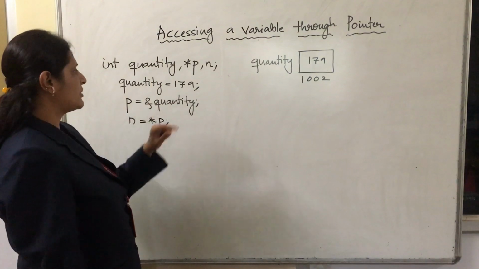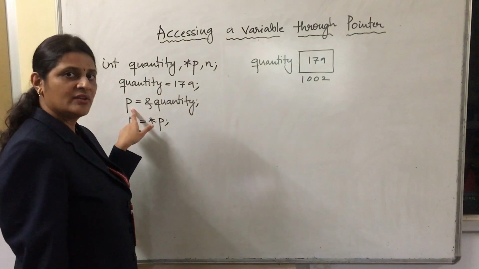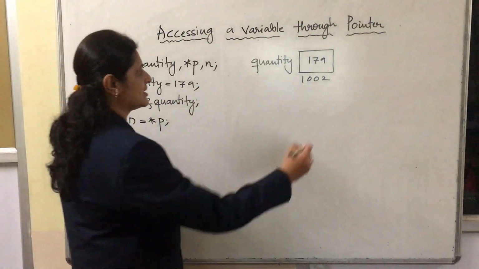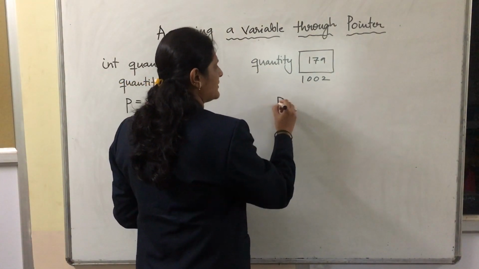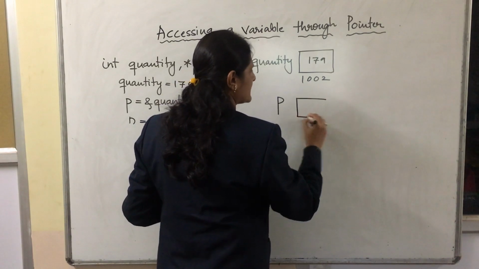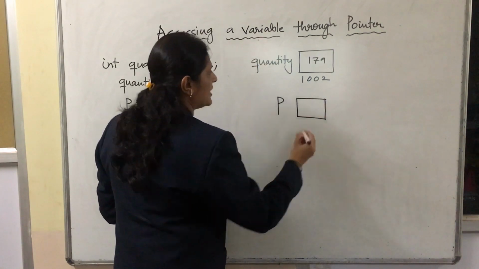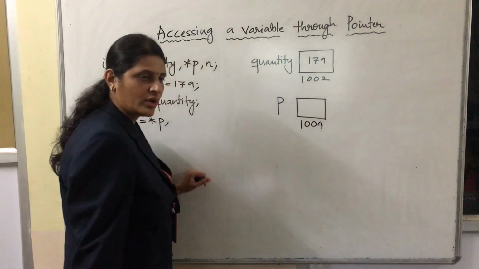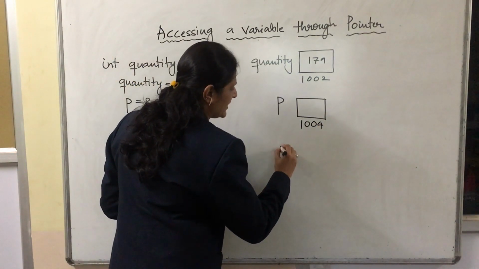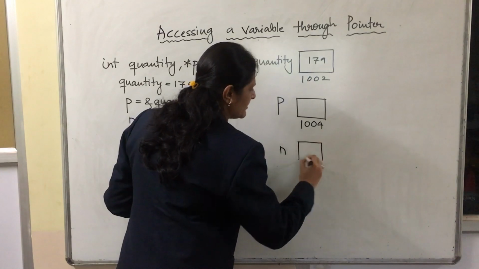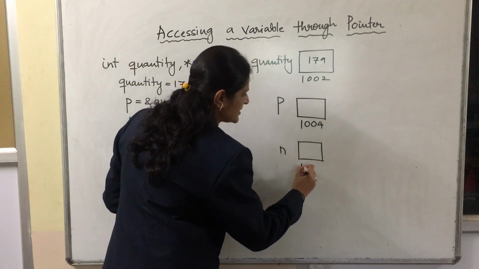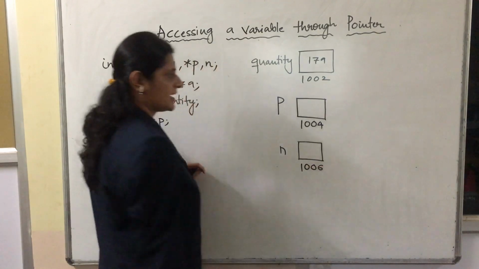Next I have one more variable, p, which is declared of type integer only, and n also of type integer. So even p will get allocated some memory space, and I will say that the address of this is 1004, and even n will get allocated some memory, and I will say that the address of this is 1006.